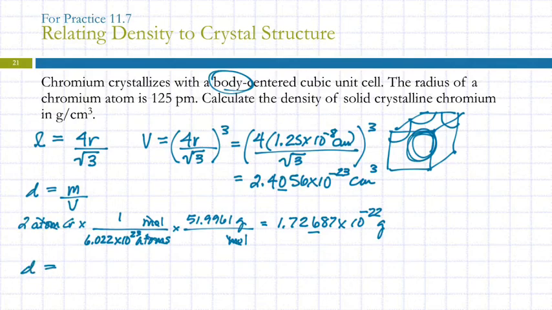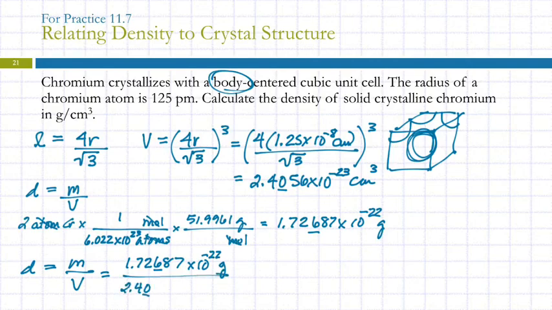So I've got the mass, I've got the volume. The density is the mass divided by the volume. 1.72687 times 10 to the minus 22 grams divided by 2.4056 times 10 to the minus 23rd cubic centimeters.